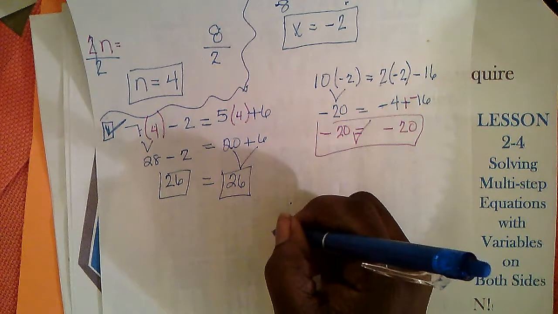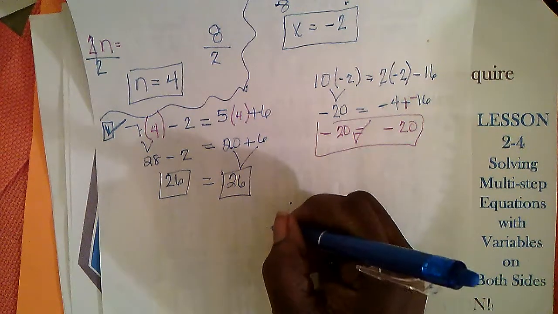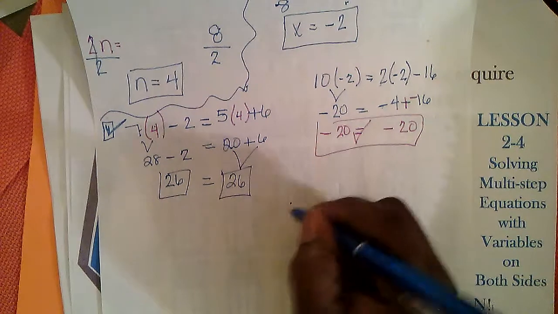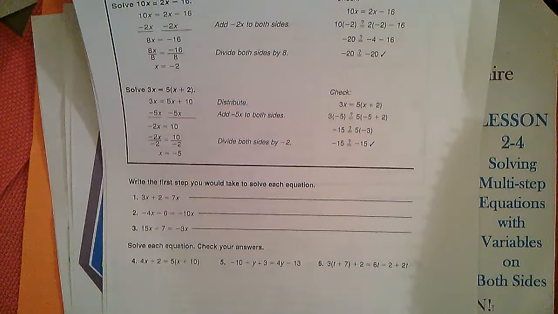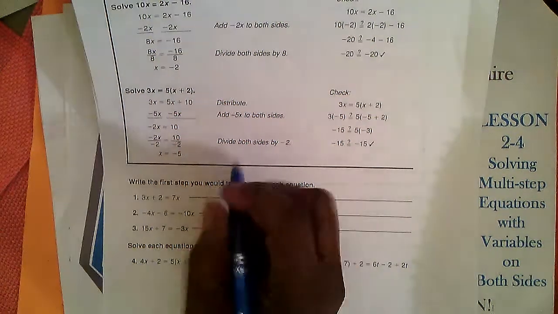So on number 1 on page 30, it says write the first step you would take to solve each equation. So the first thing I would do is combine my like terms to one side of the equation.